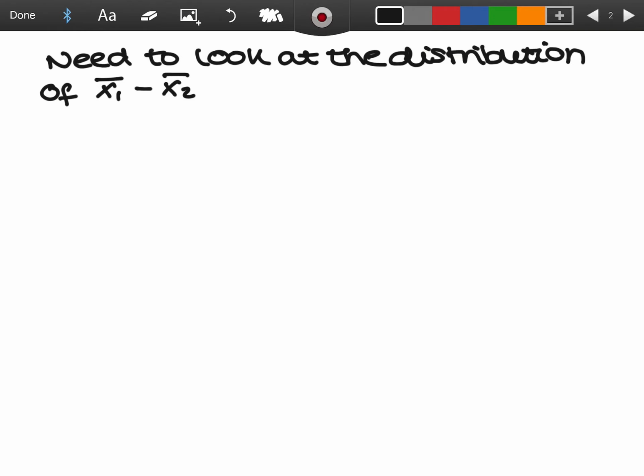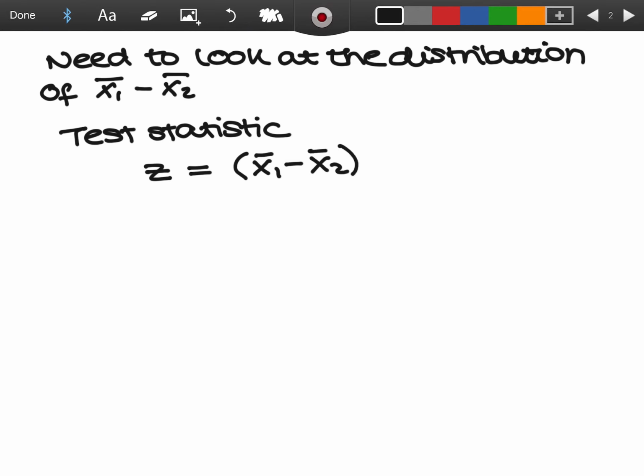But most of the time you can use a calculator. So this time, we'll talk through this. Your test statistic, if you were conducting a hypothesis test here, is going to be Z is equal to, it's a pretty long formula, but we'll talk about it after we've written it down.